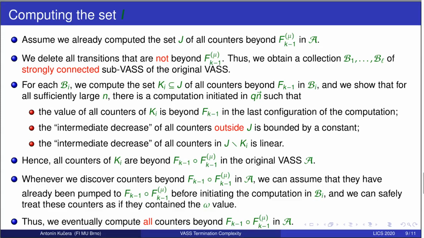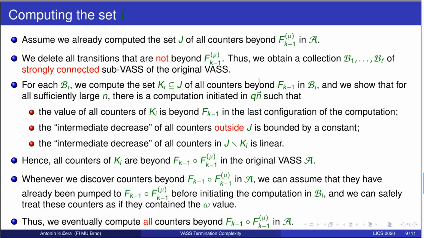In the first step, we identify and delete all transitions that are not beyond fk minus 1 mu. This is easy. We just apply lemma 3, and intuitively we wish to disregard these transitions because they are simply not executed sufficiently often to help us to pump counters beyond fk minus 1 mu plus 1.